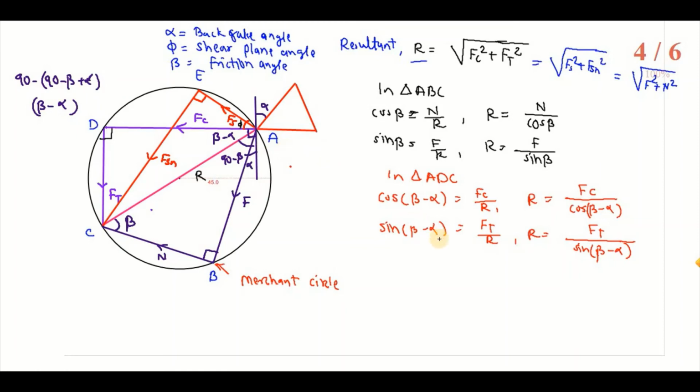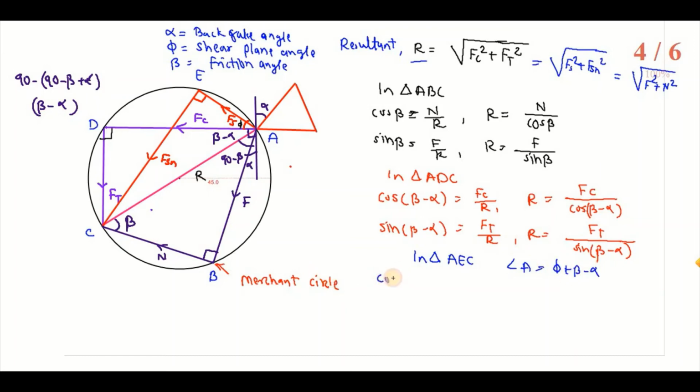So this angle A in triangle AEC, which is the third right angle triangle, we are getting as the addition of these two, phi and beta minus alpha. Angle A is phi plus beta minus alpha.